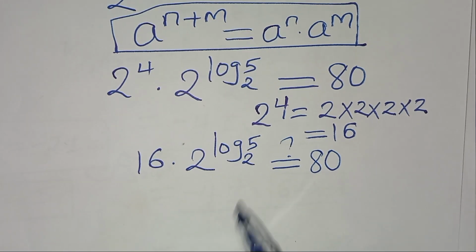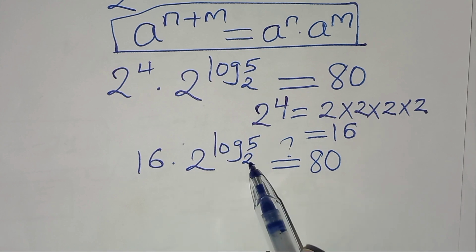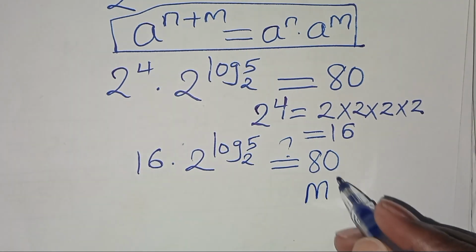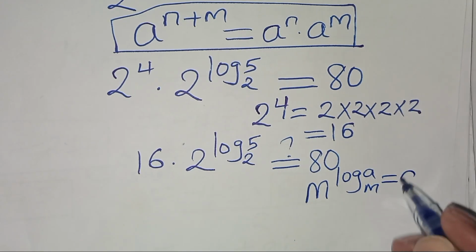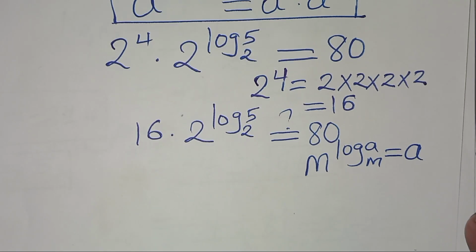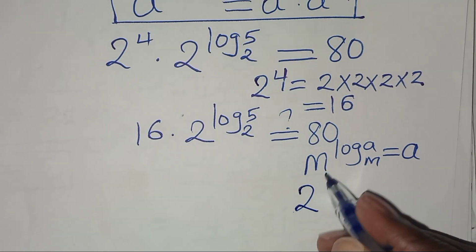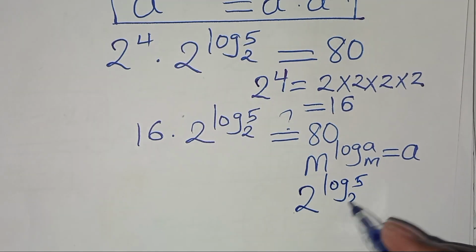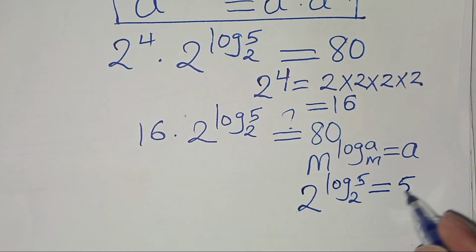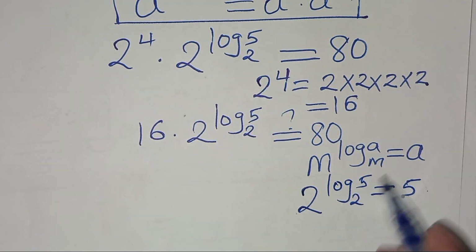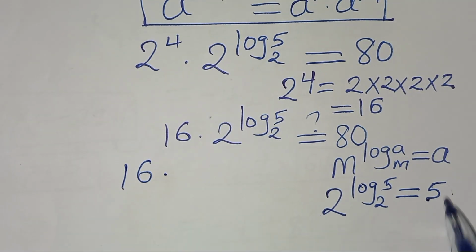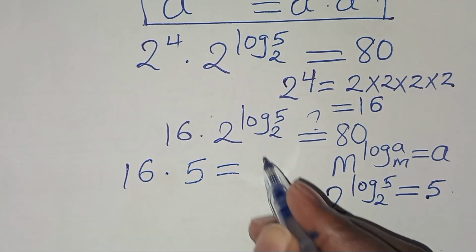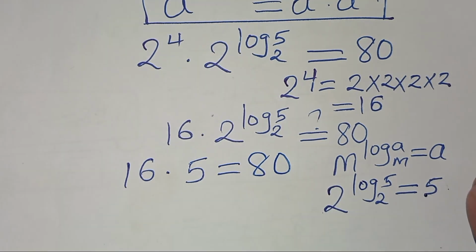In this case, we have that 2 to the power log 5 to base 2 is in the form of m to the power log a to base m, and this is equal to a. And therefore, 2 to the power log 5 to base 2 should give us a value of 5. So let's substitute this. Here we have 16 multiplied by 5. This should give us a value of 80.